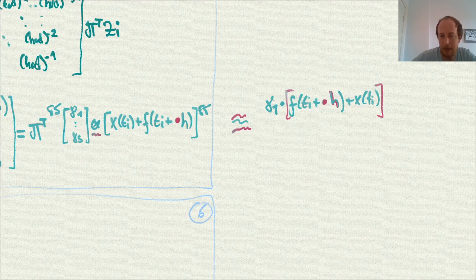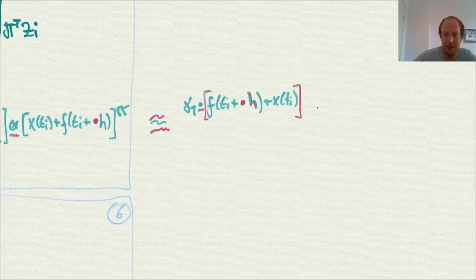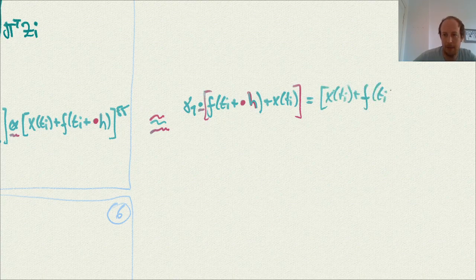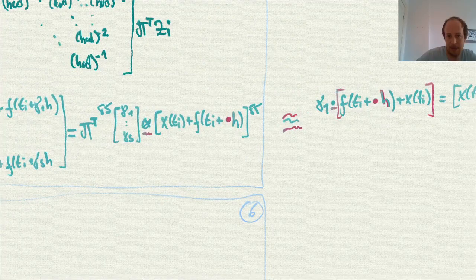So here's where this gamma_1 should go, if we define this as a kind of multiplication, and then this will be x of t_i plus f of t_i plus gamma_1 h. This would be the first entry of this Kronecker product vector.